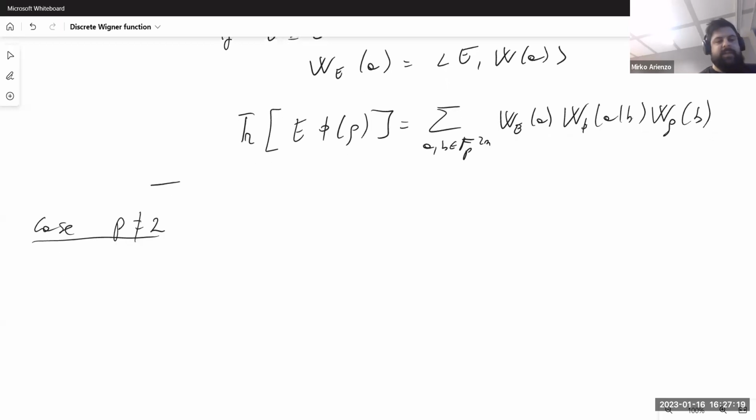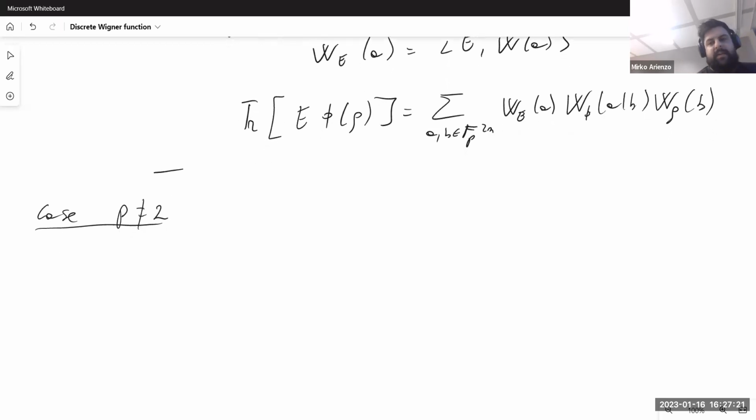And in this case, we can derive, well, I will not prove, that they are the only states with this property, but we can see that stabilizer states have a non-negative representation. To do this, we consider a Clifford gate.